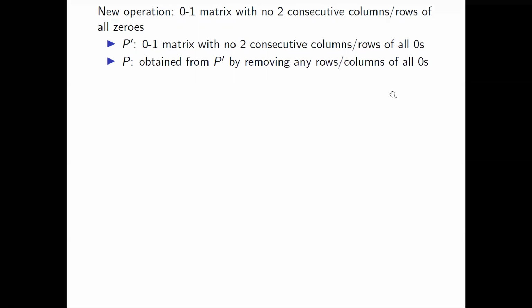P is going to be the 0-1 matrix obtained from P prime by just removing any rows, columns of all zeros. So for example, let's say we have this one here.